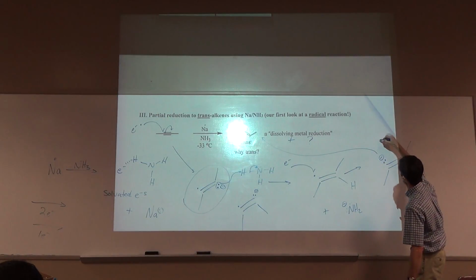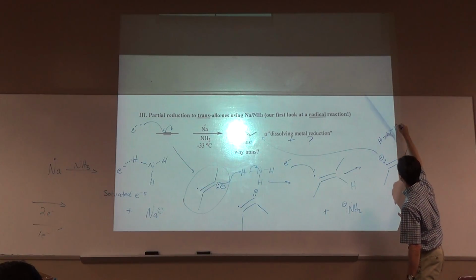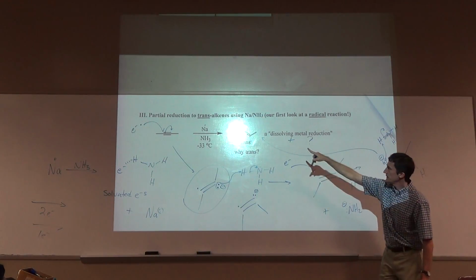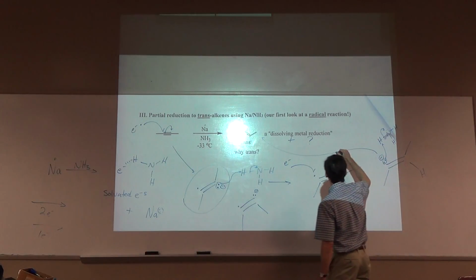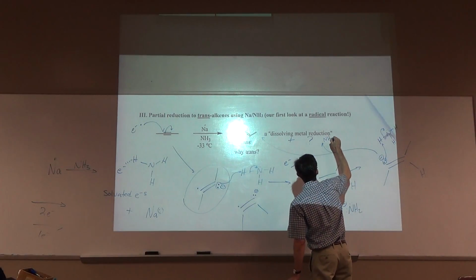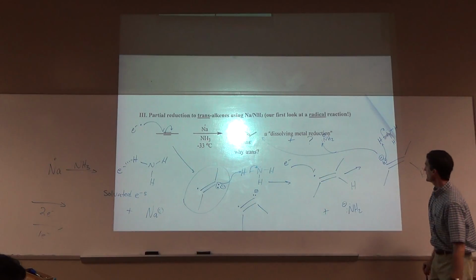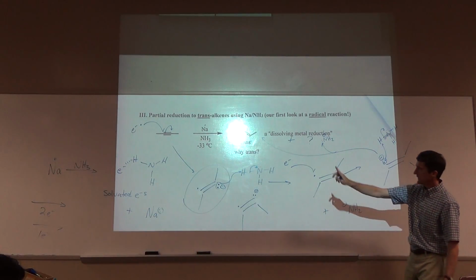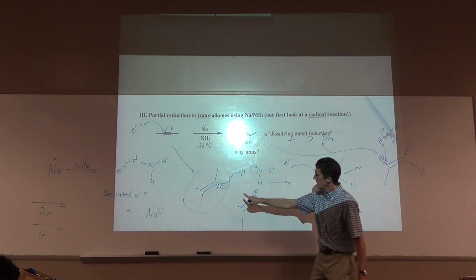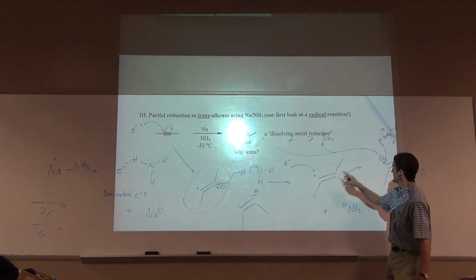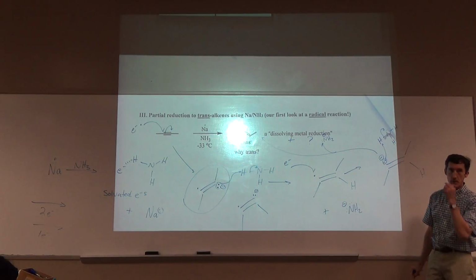Now this takes another H from another ammonia. These electrons take the H, these stay behind. That gives the final product plus another NH2 minus, and there's your product. So we pump an electron in, we take an H, we pump another electron in and make this, and then we take an H.